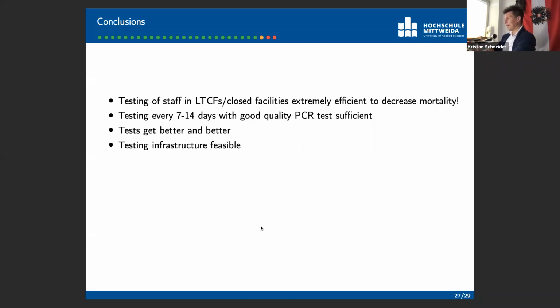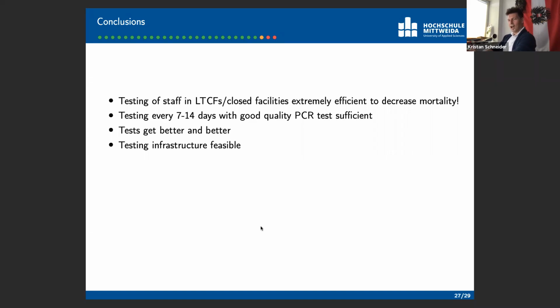Now, if you test them once every week, the testing capacity is more than enough for that. And also the infrastructure, I mean, the processing time: if you need 4 days to process such a test, it doesn't really matter. So it's realistic.